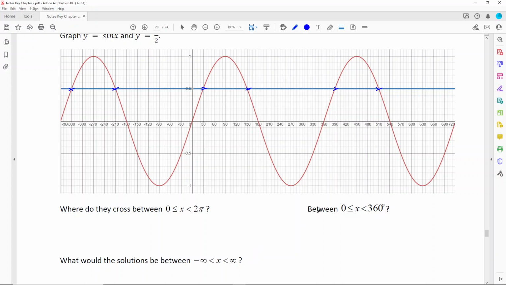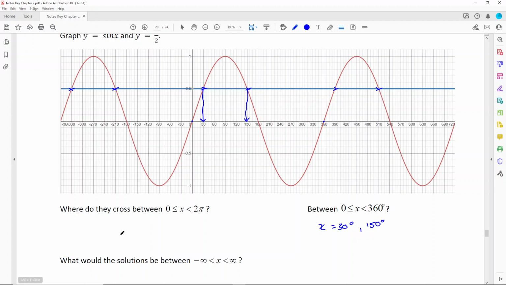Let's start off by solving between 0 and 360, because I've chosen the graph to have degrees on the x-axis since it's easier to read than radians. If I asked you where these two graphs cross between 0 and 360 degrees, you'd say here at 30 degrees, and then again here at 150 degrees. So they meet when x is 30 degrees. They also meet at 150 degrees.